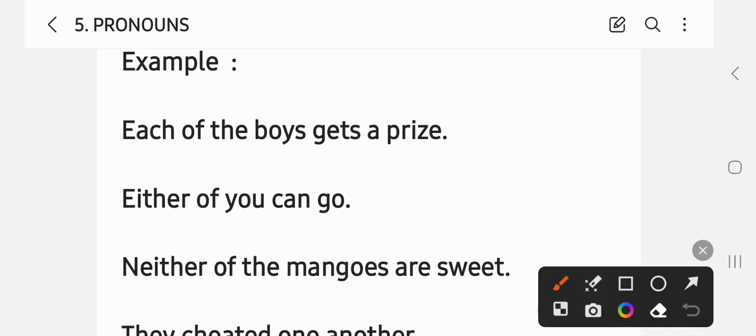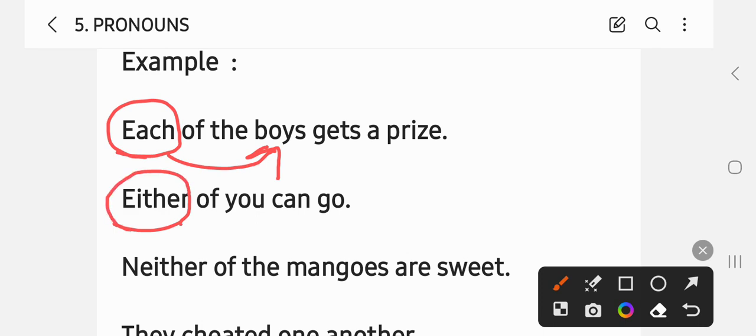Each of the boys gets a prize. Here each is a distributive pronoun because it's used for the noun boys. Either of you can go. Either, distributive pronoun. Neither of the mangoes are sweet.